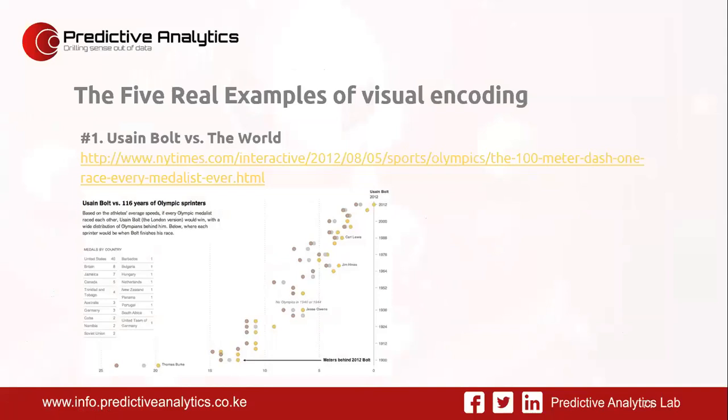Somebody says that you can all see. If you can look at that visualization by the New York Times, we look at the various encoding variables that we've looked at.